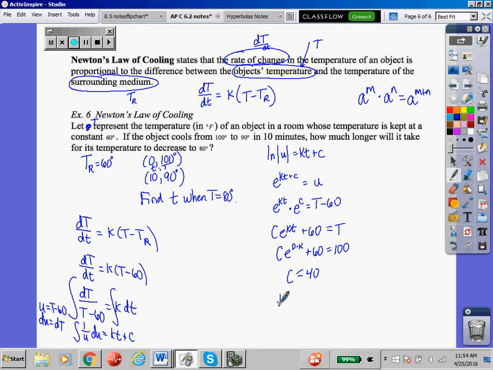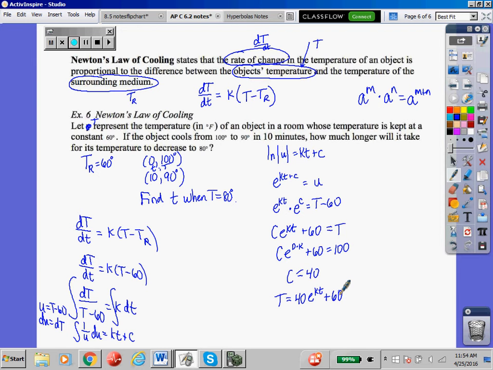Well, that's good, because now I have T equals 40e to the kt plus 60. And notice I'm making my T's with that little tail on it, because I don't want to mix up my T with my addition sign. So either make it cursive or a little tail or something that distinguishes your plus sign from your temperature.